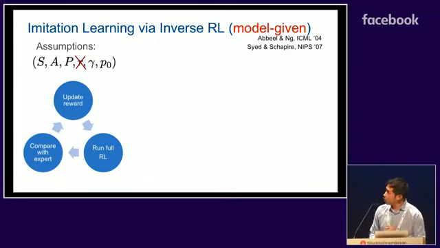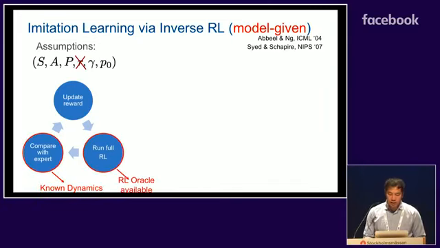So in both cases, though, we are operating under some friendly assumptions. First of all, we are restricting ourselves to fully knowing the dynamics model P up front. When the model is given, I will just generically refer to it as model given. The reason is I want to avoid the term model-based, because that means something else in reinforcement learning. We also assume access to some oracle that, given any reward function, can solve the MDP efficiently.